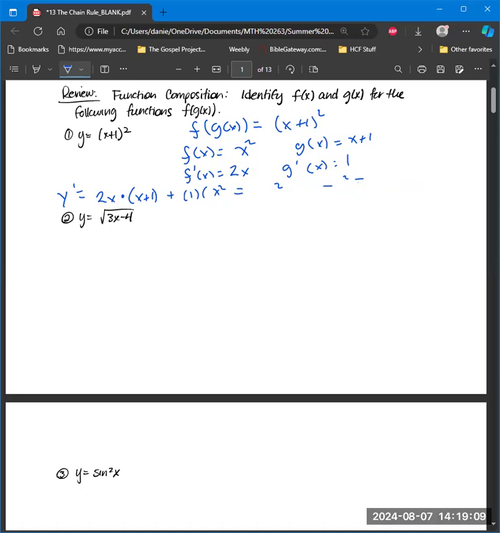Sorry, this is where there's an x here. I want f prime of g of x. So this is 2 times x plus 1, like that, and then times this. That's what I want.